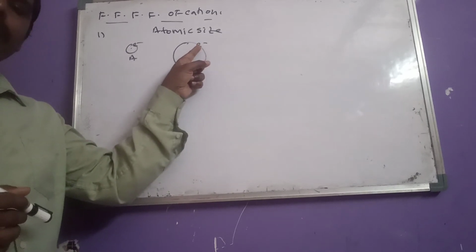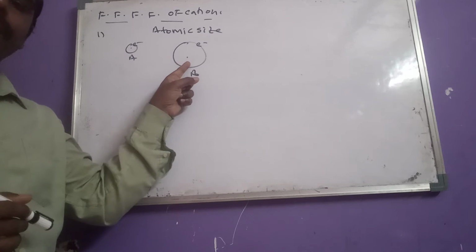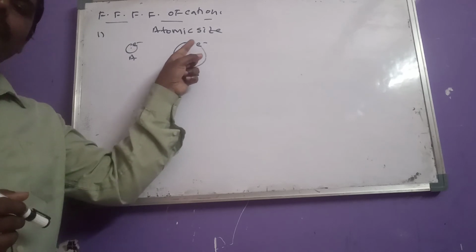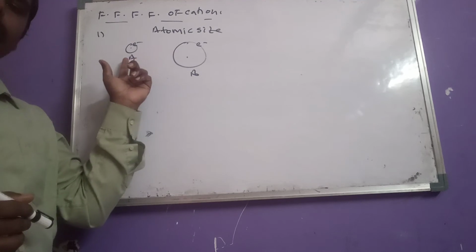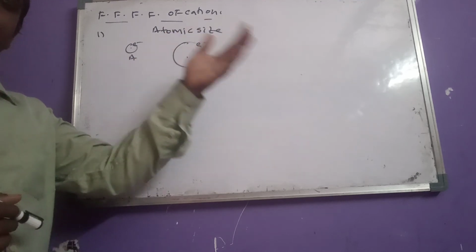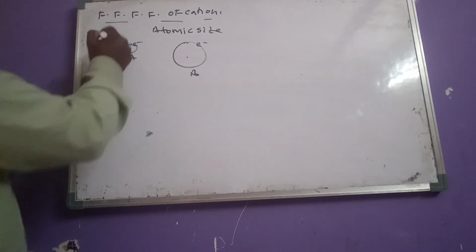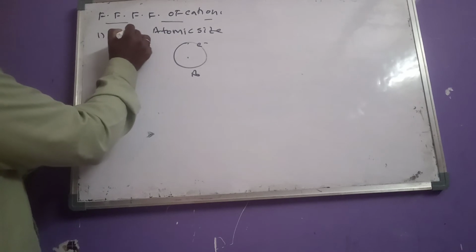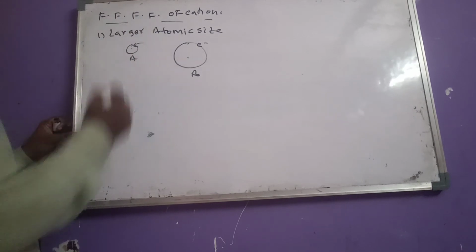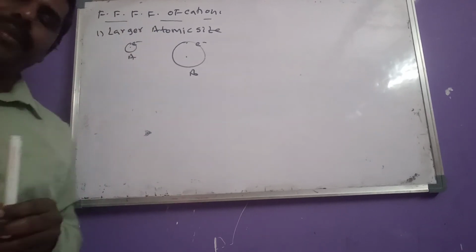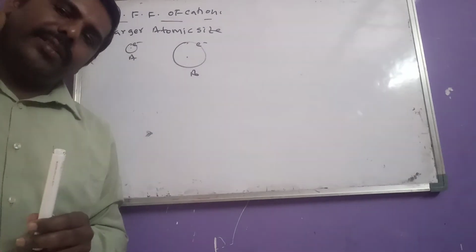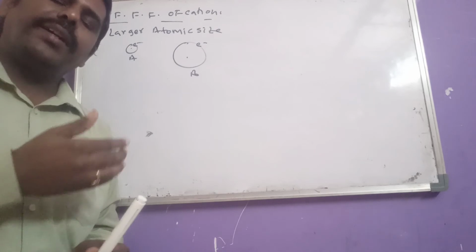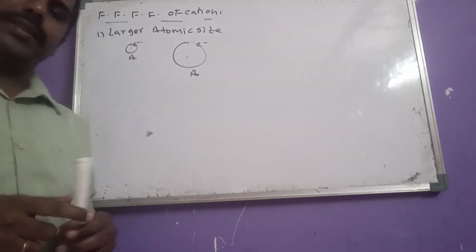Here the electron is away from the nucleus, meaning the nucleus has less attraction on that electron. So comparatively B loses electron readily. So what is the first favorable factor? Larger atomic size. As the atomic size increases, ease of formation of cation also increases.